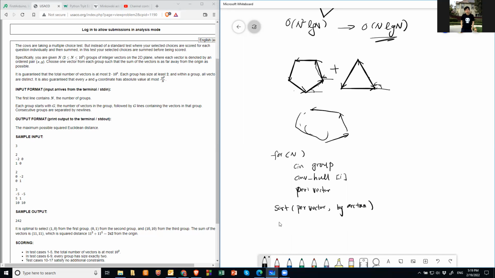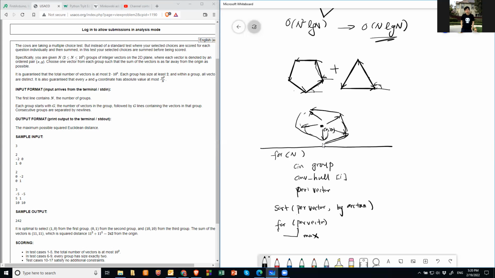Then you form the final one, then you travel through this one, let's say this is 0, 0, and then you find the distance, right? X squared plus y squared. Then you basically loop through these vectors, and then you get the max. Okay.